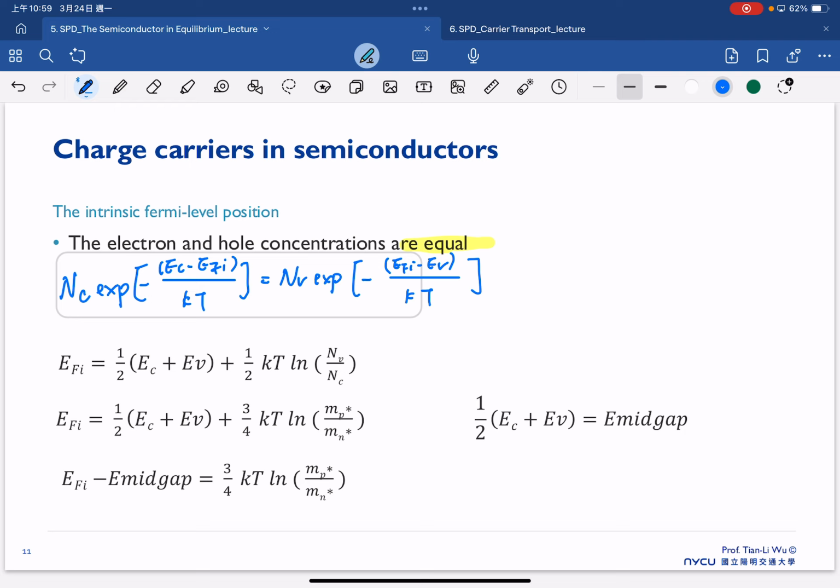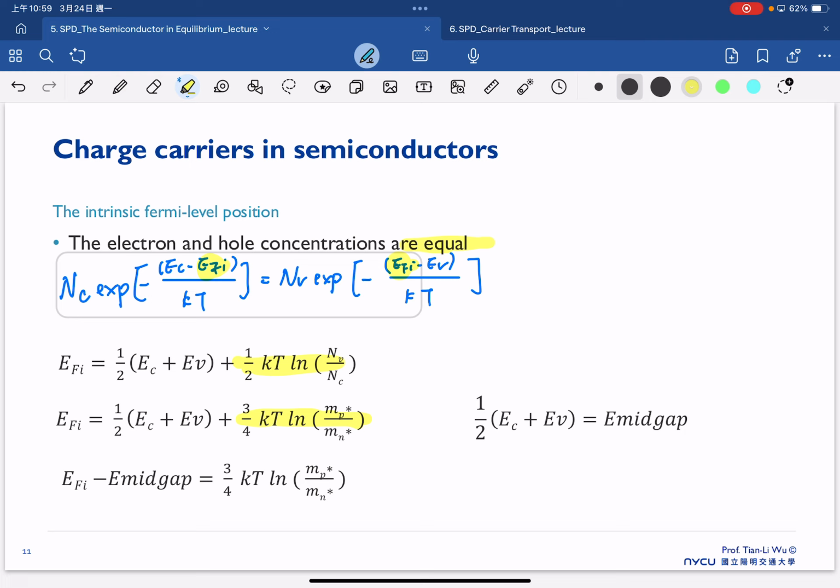Based on this equation, we can try to solve for EFI as shown here. And therefore, EFI is equal to this one plus this one.